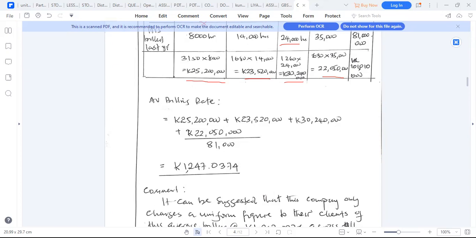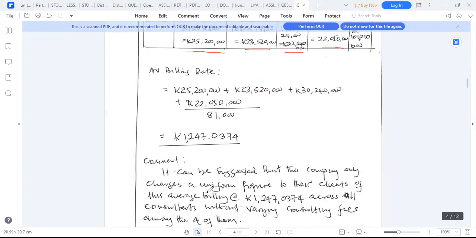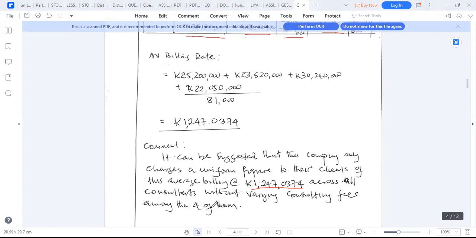This will give us the average charge of 1,247.04 per hour per employee. So ideally, that is the price that should be charged uniformly to avoid the exploitation we are seeing here. So it can be suggested that the company charges a uniform figure of 1,247.04 across consultants without varying consultation fees for all the 4, because this amount will still give you the same amount of revenue.